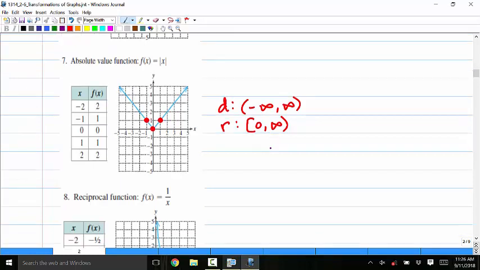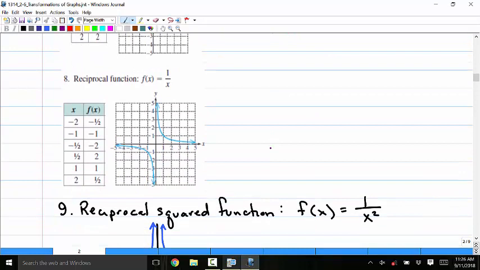Okay, the reciprocal function. Y equals 1 over x. I just remember that it has 1, 1, and negative 1, negative 1. And it's in the first and third quadrants. It goes like this with your hands. All right?